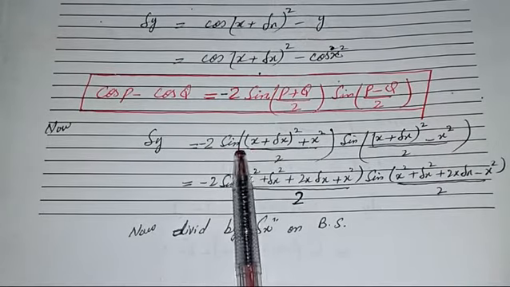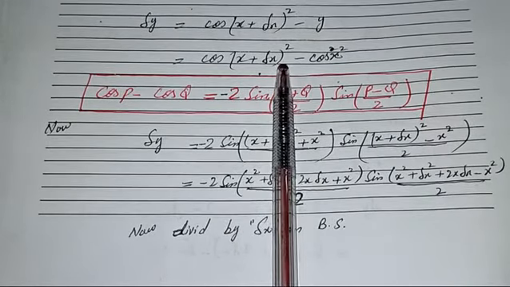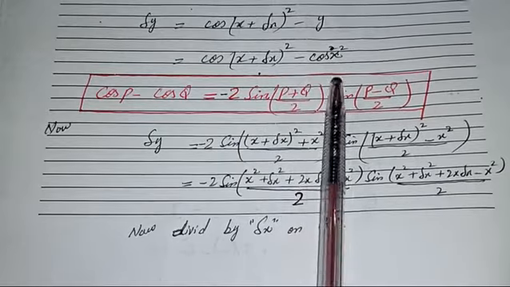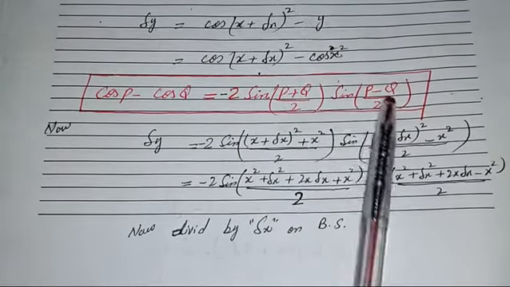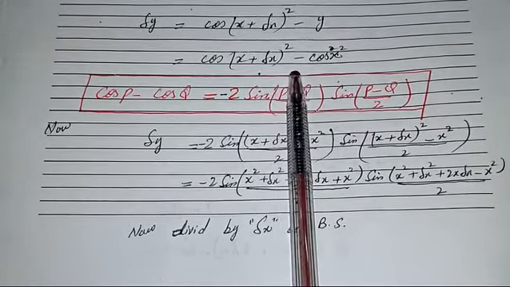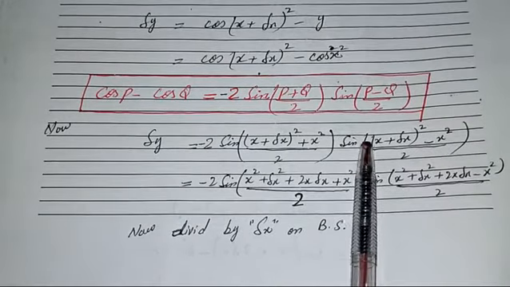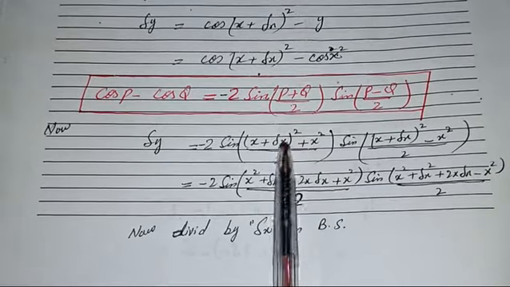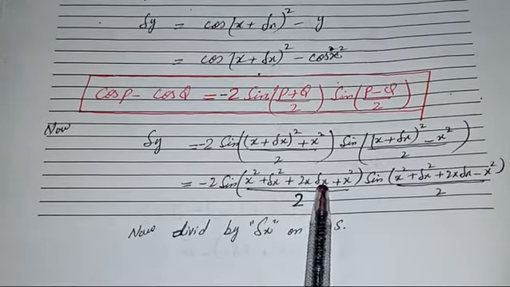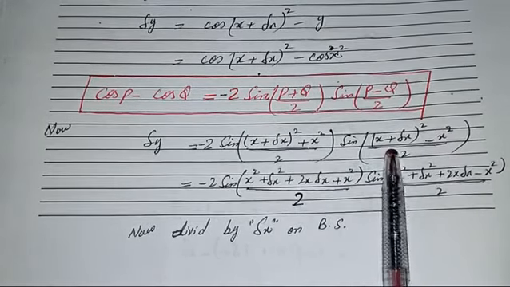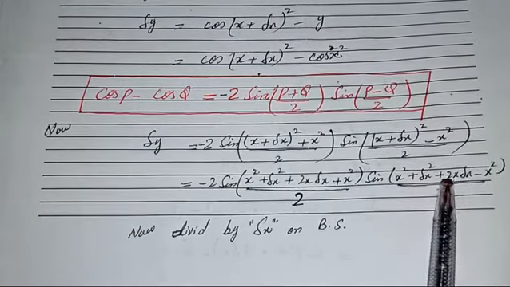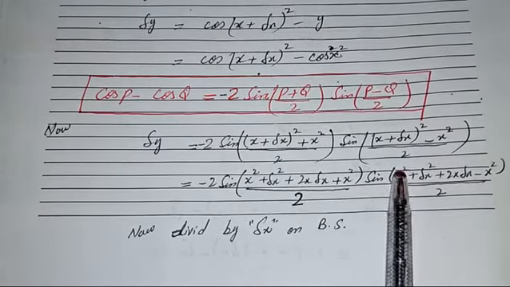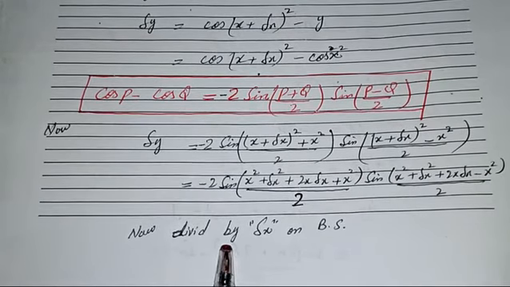So this is simple, minus 2 sin (x plus delta x plus x square) sine with minus sine (x plus delta x minus x square). So now open this square, x square plus delta x square plus 2x delta x plus x square, while in second one x square plus delta x square plus 2x delta x minus x square. X square cancel out, and what is left behind, now we will divide both sides by delta x.